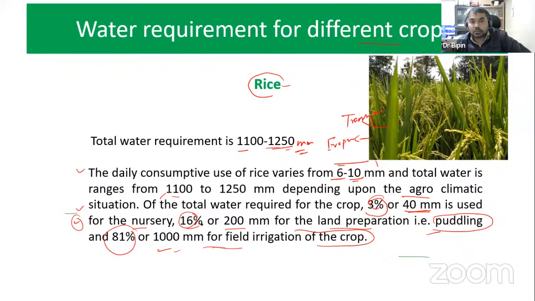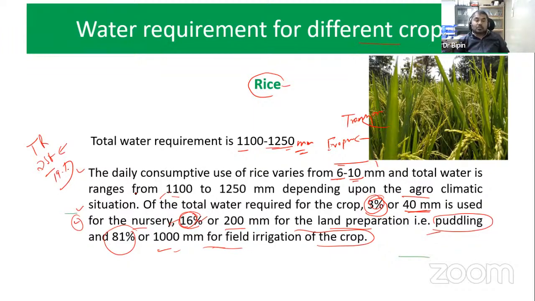So when we change our rice cultivation from transplanted rice to direct seeded rice, we get this advantage: 16% and 3%, meaning 19% we can directly save in the case of direct seeded rice.